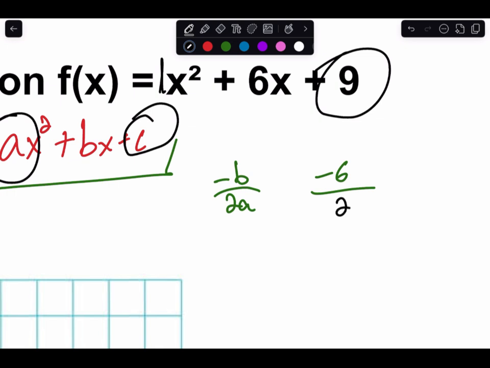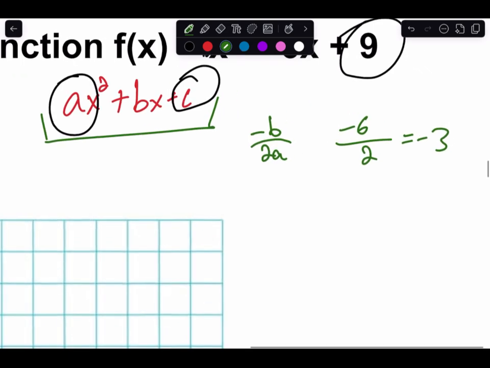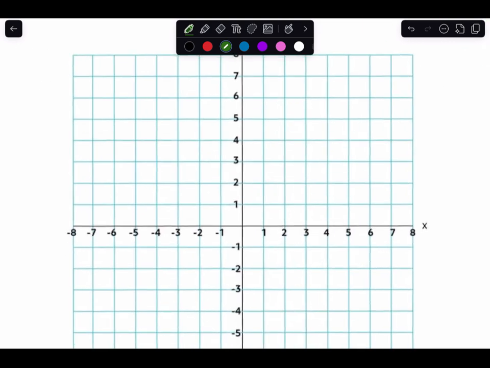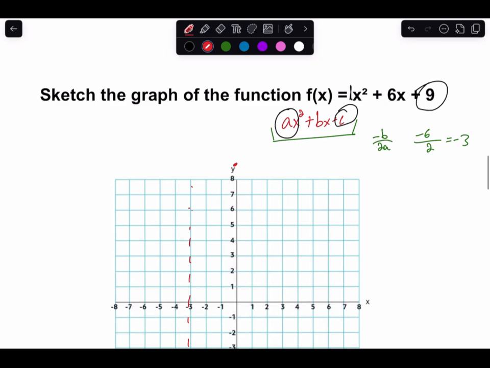It's 2, which is equal to negative 3. And that's the x coordinate of the vertex, which is this right here. Somewhere in that line, we're going to have the vertex.